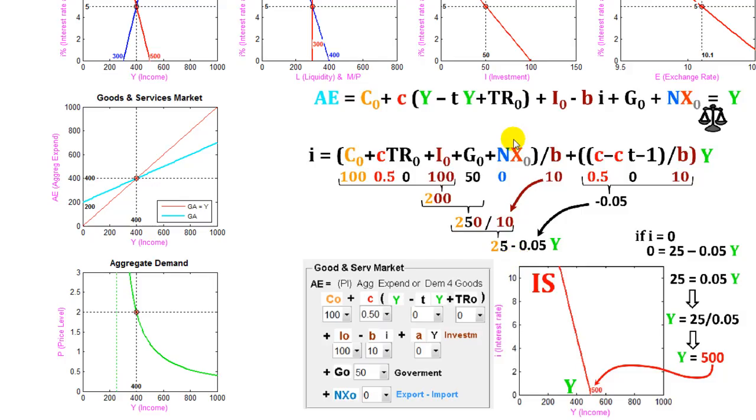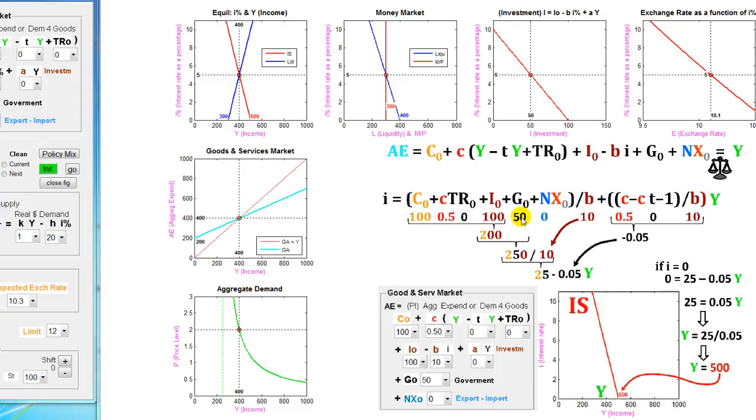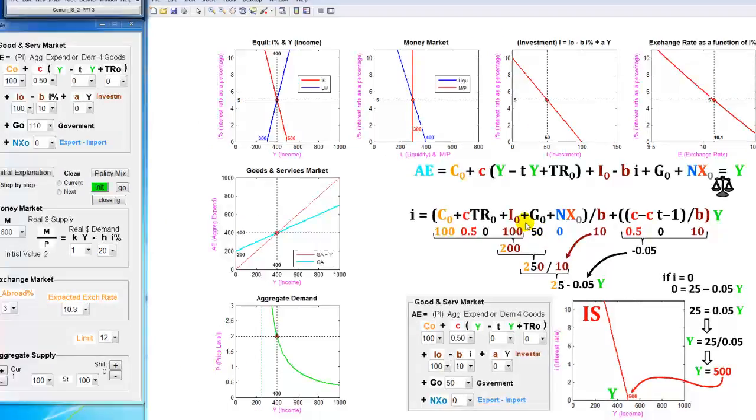And then if we want to get the intercept in the horizontal axis, we have to set the interest rate to 0. If we do that, we get y equal to 500, so we know that the IS starts at 500. Now if we increase government expenditure, this term is going to increase.